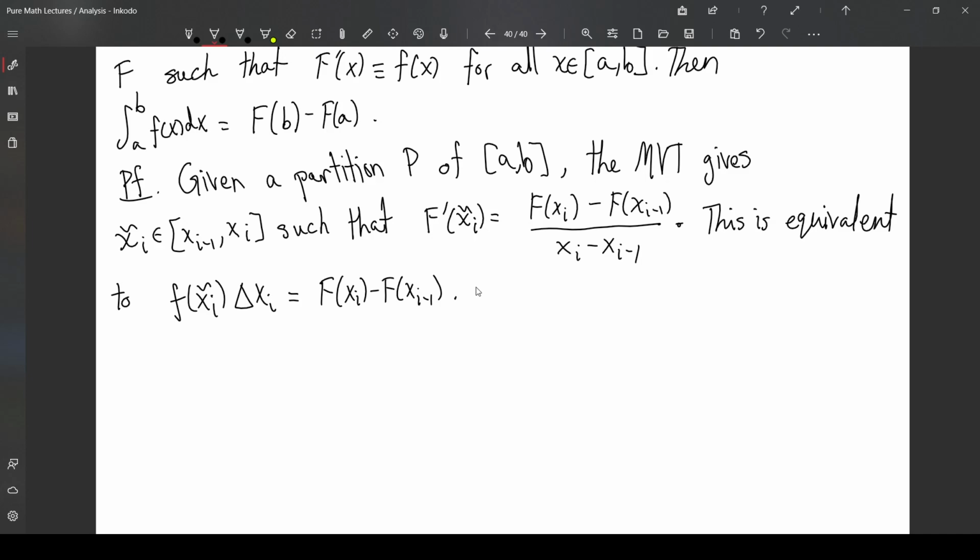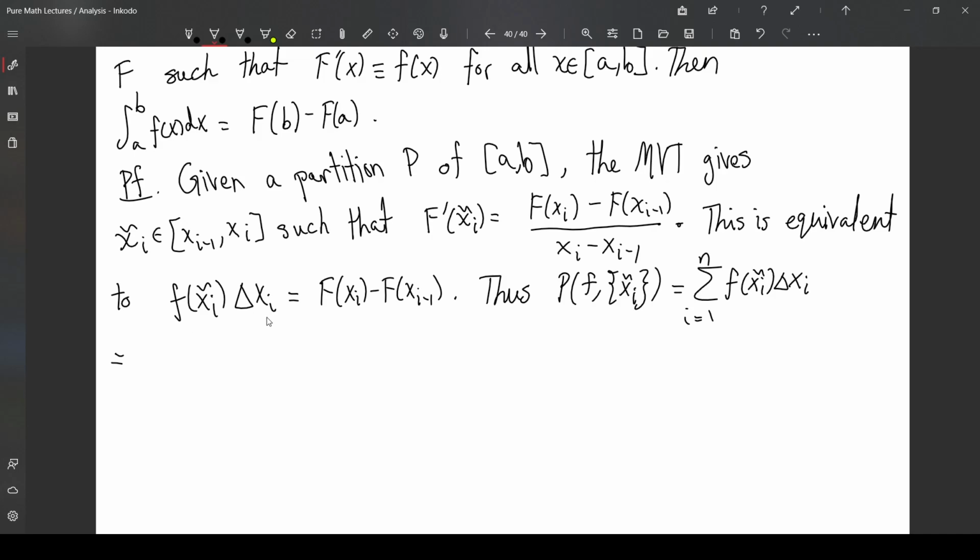So what this means is that our Riemann sum for the function little f and the evaluation points that we've chosen from the mean value theorem is, by definition, f at the evaluation points times the changes in x, the lengths of the partition intervals.